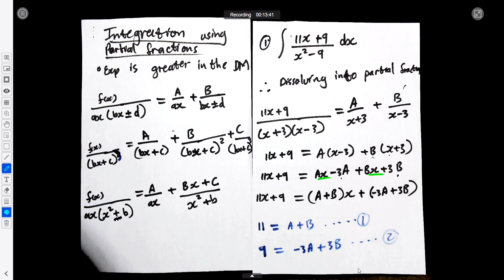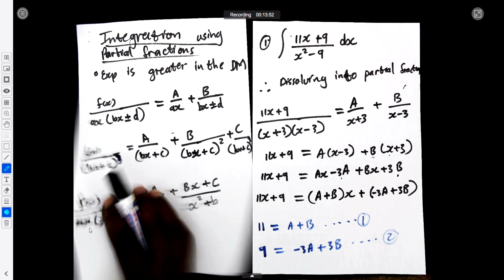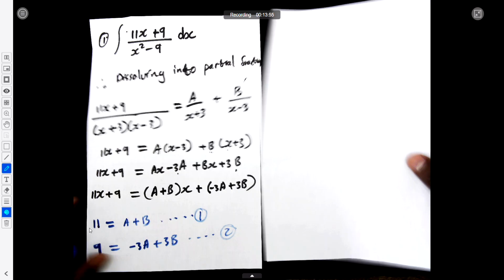So from there, we can utilize the elimination method, or we can utilize simultaneous equations. So normally I will say maybe in this part, just recall how to utilize the elimination method.